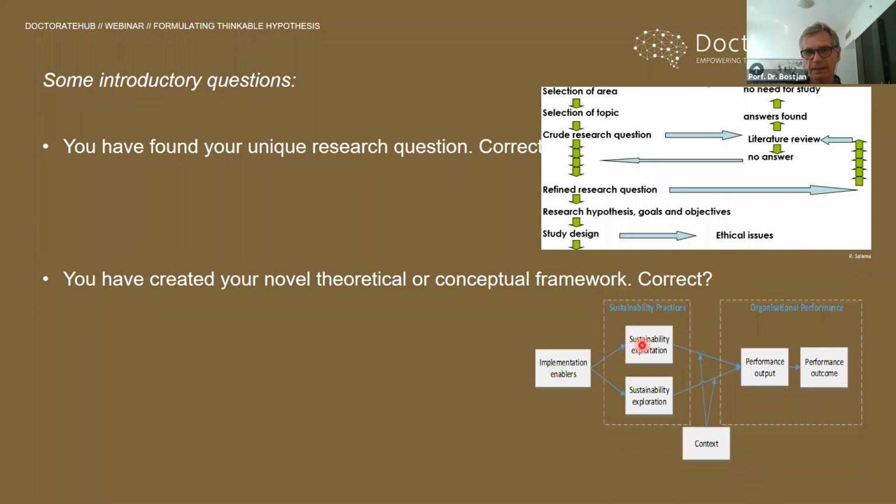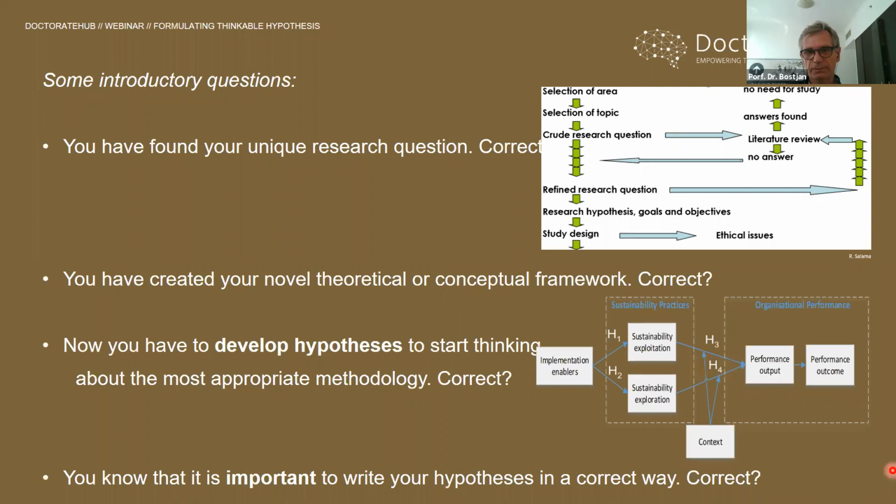The idea behind it is that you are trying to understand, to propose, which of those boxes, or constructs, or variables are linked together, and especially which ones you would like to present and test. So we have to find hypotheses. We have to define hypotheses. That is presented on the next slide, where we see hypothesis 1, 2, 3, and 4.